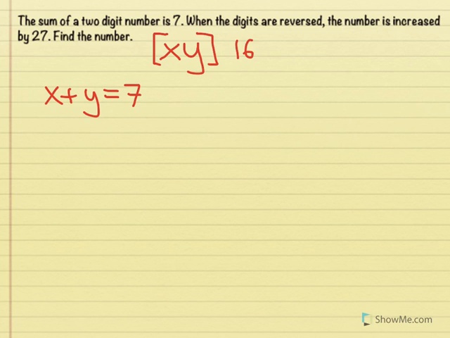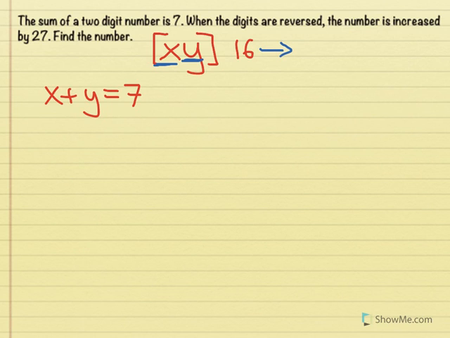So it says when the digits are reversed, the number is increased by 27. Okay, so that's tough. But let's think about what each of these digits mean. This x is in the tens place, this y is in the ones place, right? Using the example of 16, what's the value of the number?